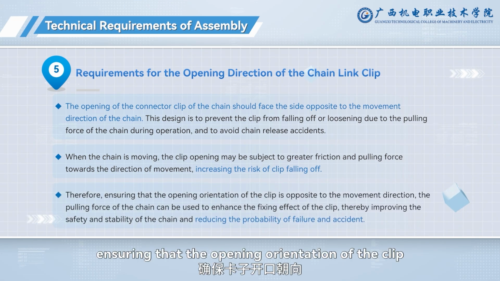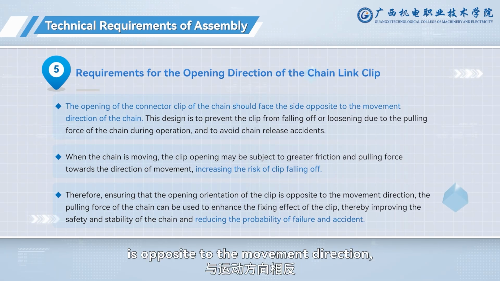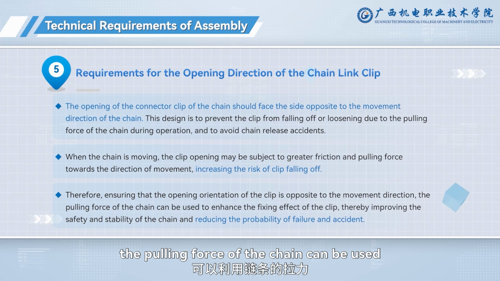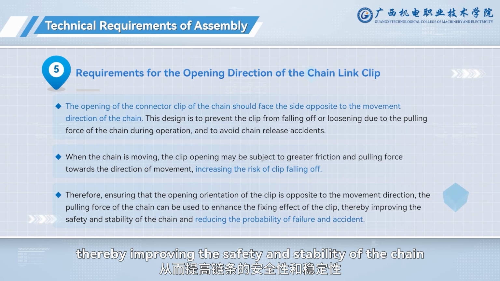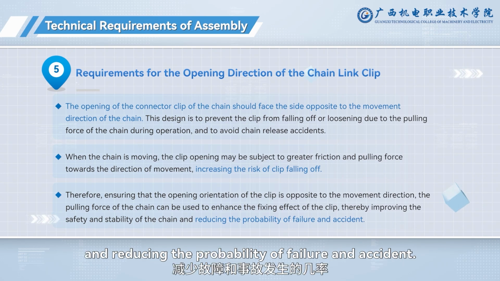Therefore, ensuring that the opening orientation of the clip is opposite to the movement direction, the pulling force of the chain can be used to enhance the fixing effect of the clip, thereby improving the safety and stability of the chain and reducing the probability of failure and accident.